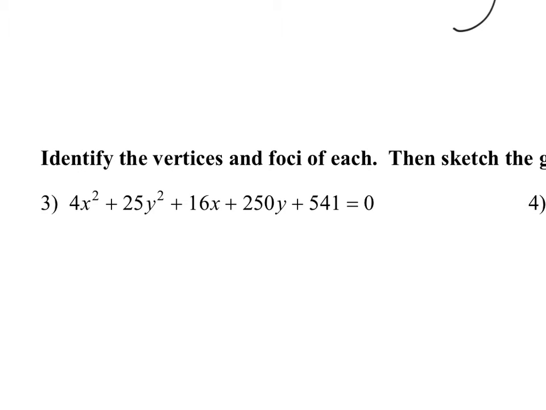So what needs to happen is grouping terms with similar variables together. So the 4x squared and the 16x, you would want to group those together. Same thing with the 25y squared and the 250y. So looking at the x variables, 4x squared and 16x, if you factored out a 4, you'd have x squared plus 4x, and then we're going to leave a spot there to complete the square.